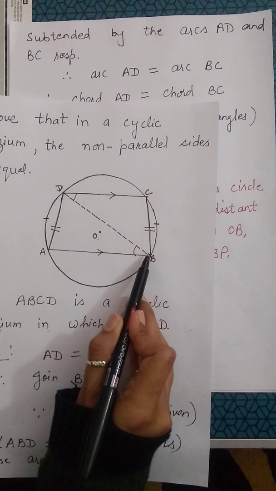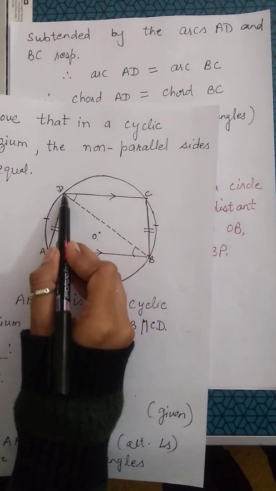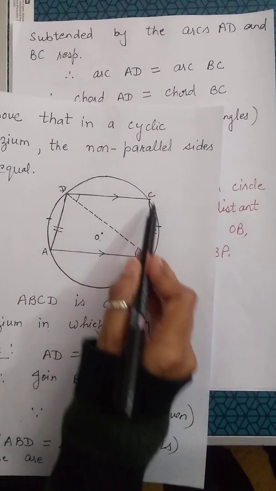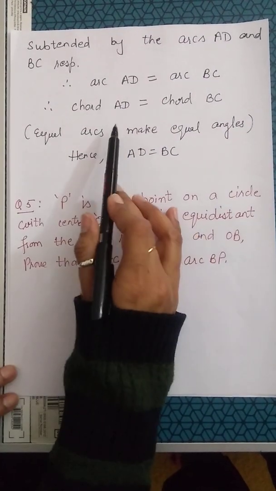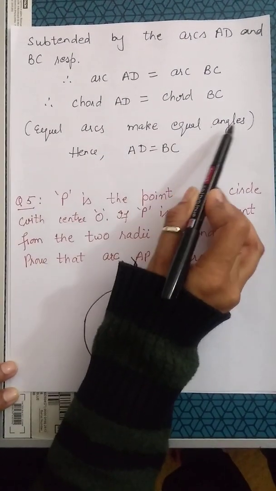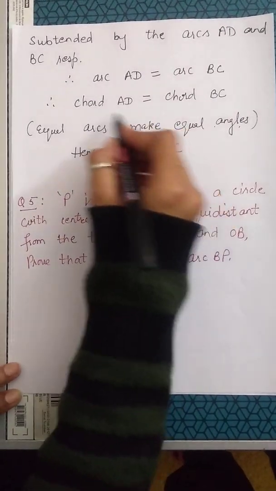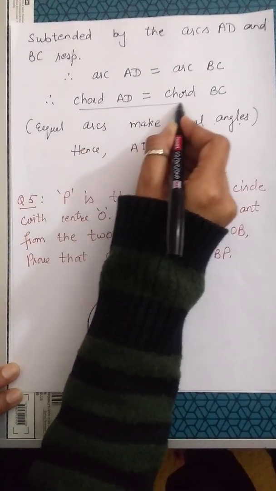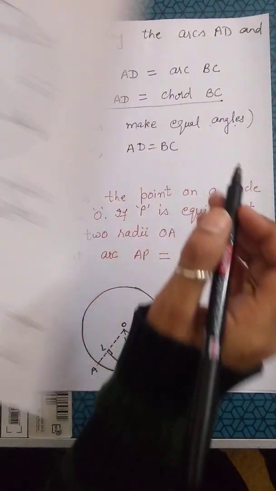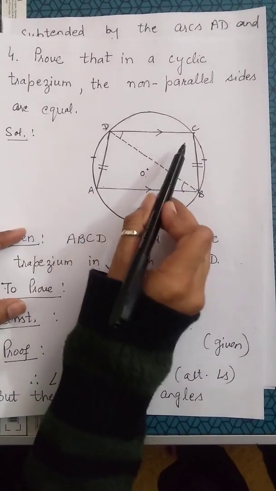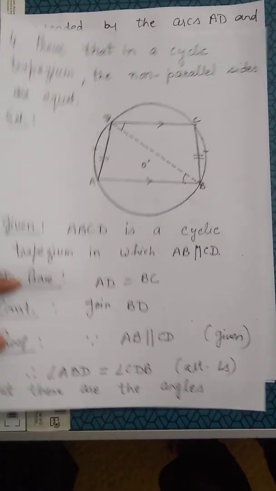And therefore we conclude chord AD is equal to chord BC. We will be using the result here: equal arcs will make equal angles, and hence their corresponding chords will be equal. And here we can say AD is equal to BC.